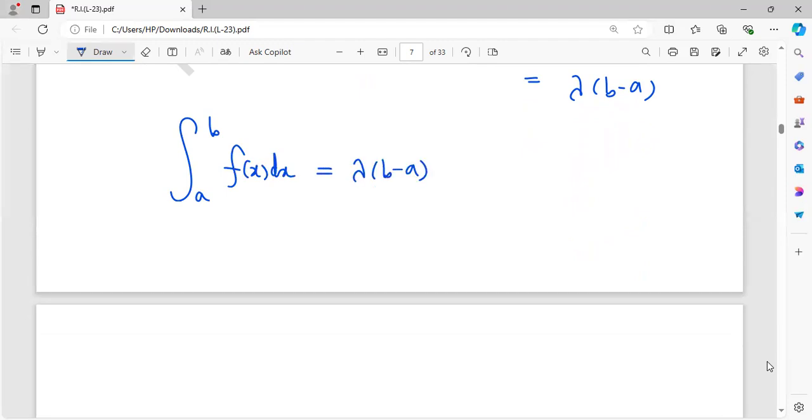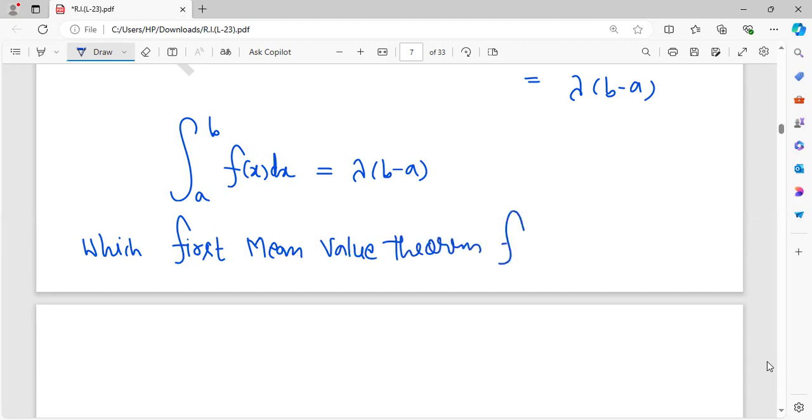This is the first mean value theorem for Riemann integration. Okay.